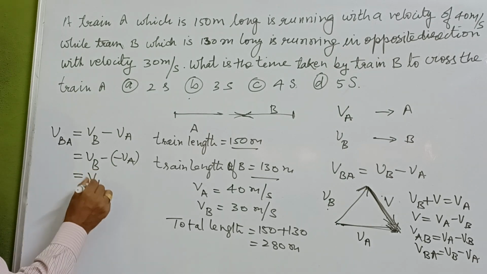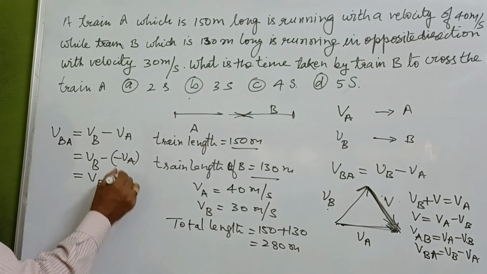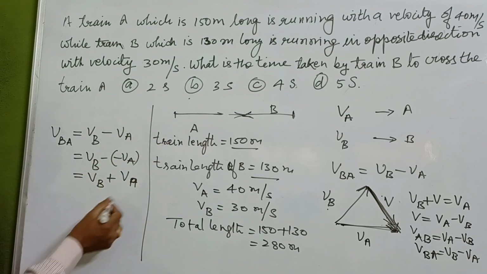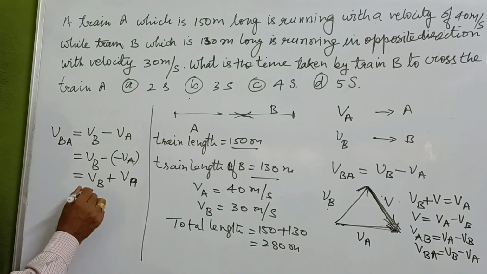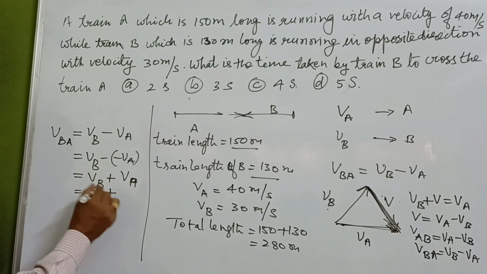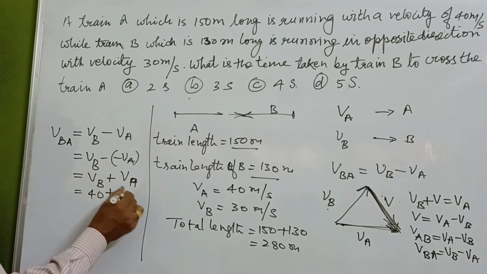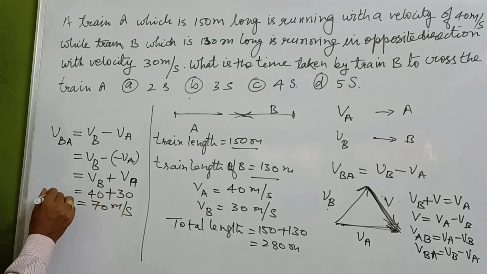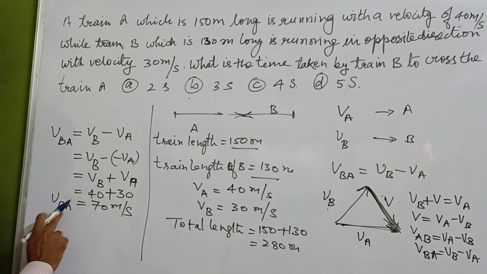Substituting 40, the velocity of train A, and 30 for VB, we get 70 meter per second as the relative velocity of train B with respect to A.